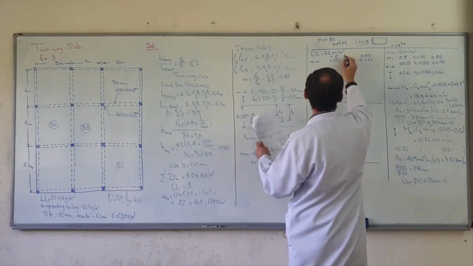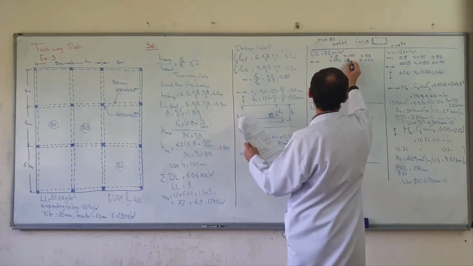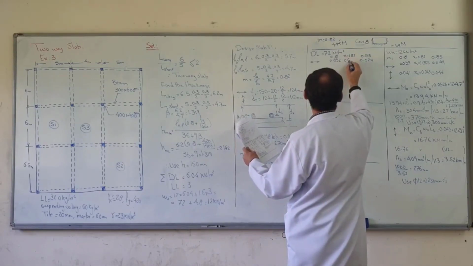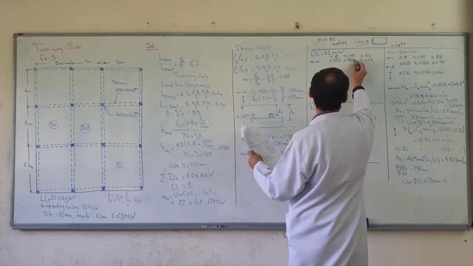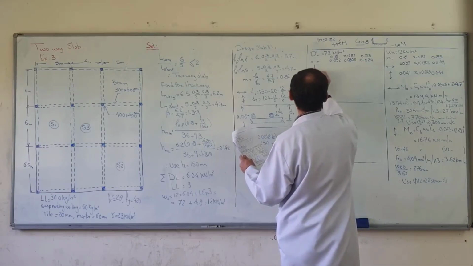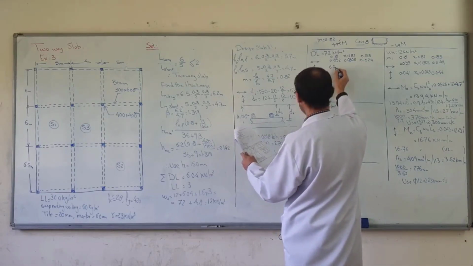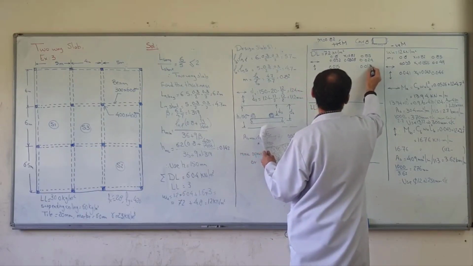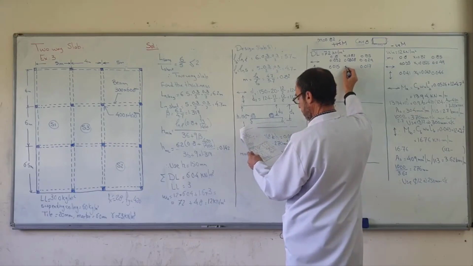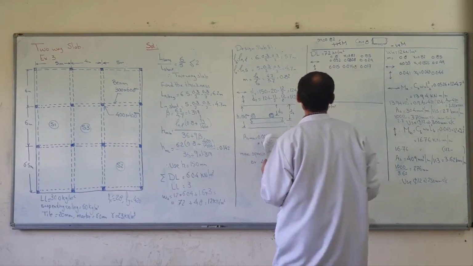For x equal to 0.82, what is it? Interpolation.